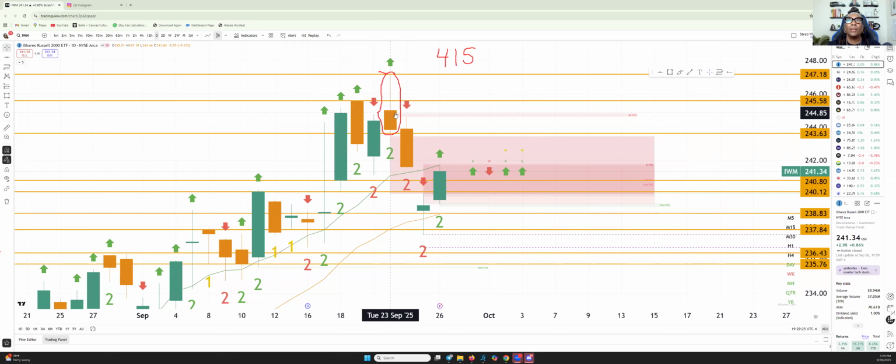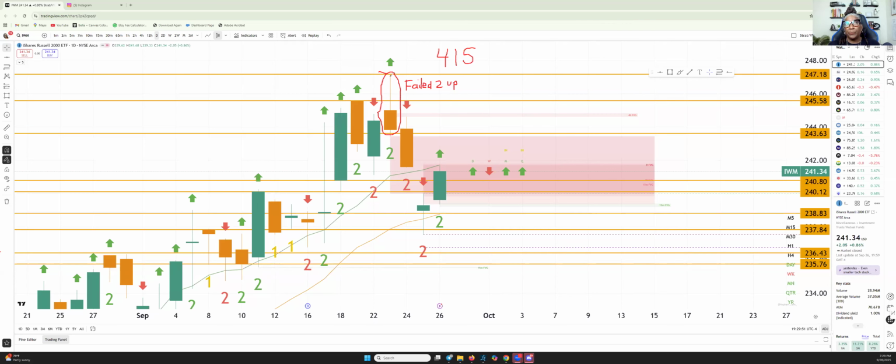It's a 2 up, but it's red. So this candle would be called a failed 2 up. Failed 2 down would be going the other way.